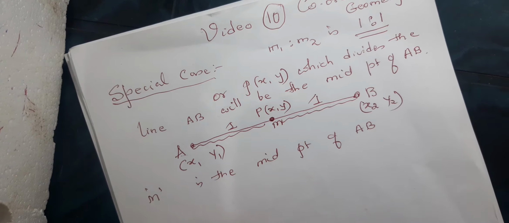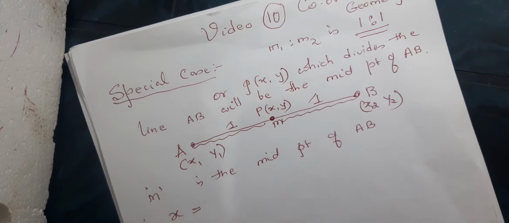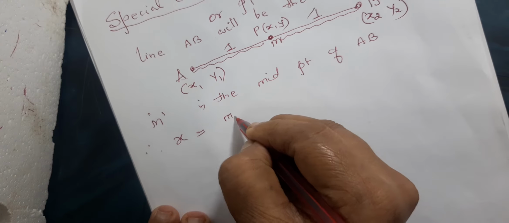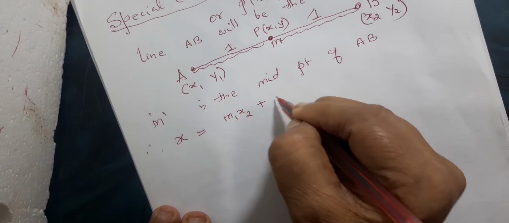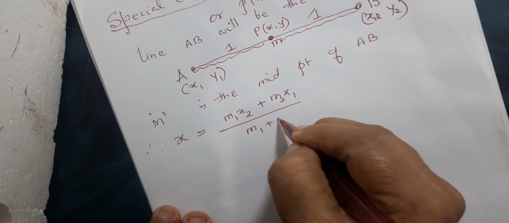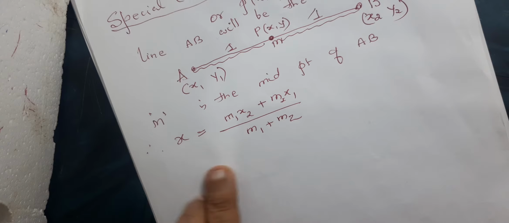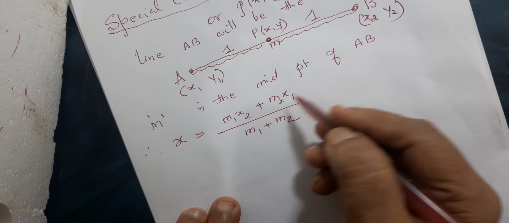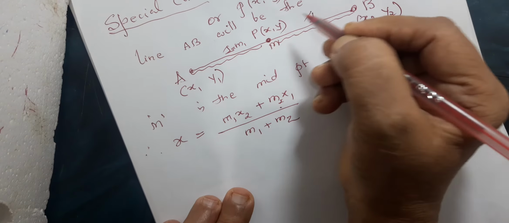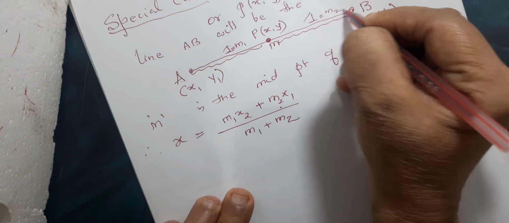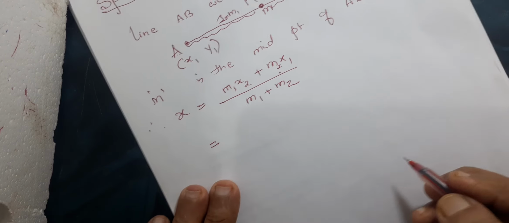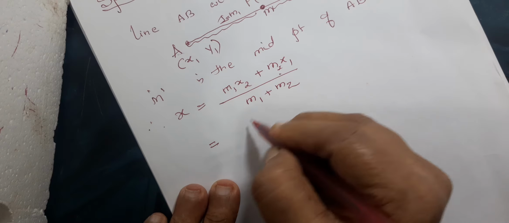Therefore x is equal to, according to the section formula, what have you studied? x is equal to m1 x2 plus m2 x1 divided by m1 plus m2. This is the formula of the x coordinate. Here m1 and m2 are 1 and 1, so we substitute m1 and m2 as 1.